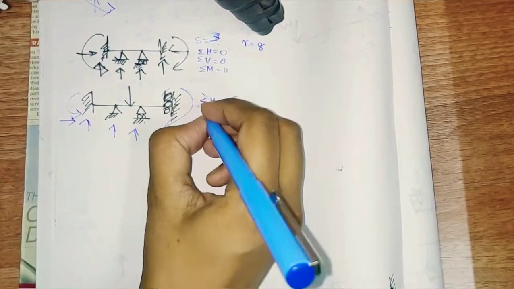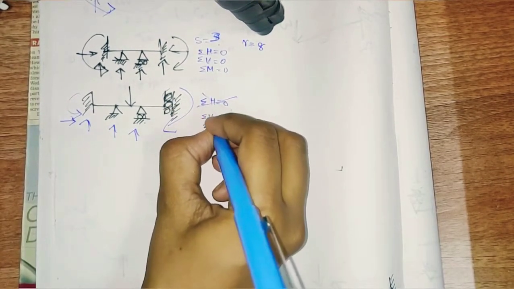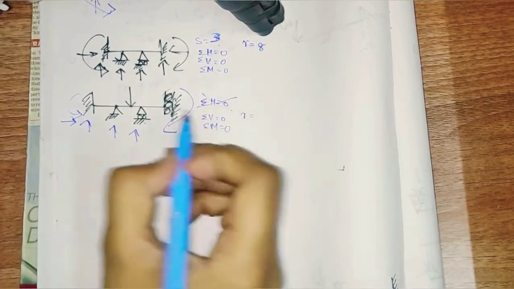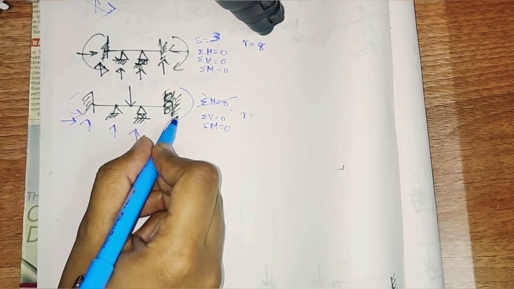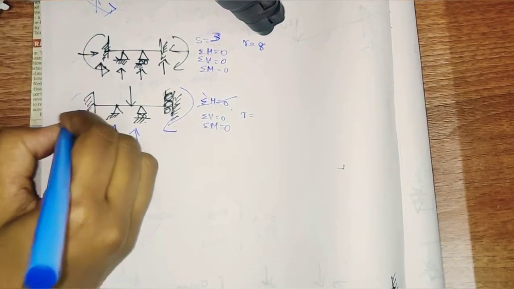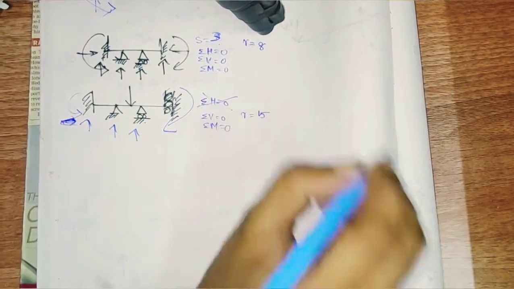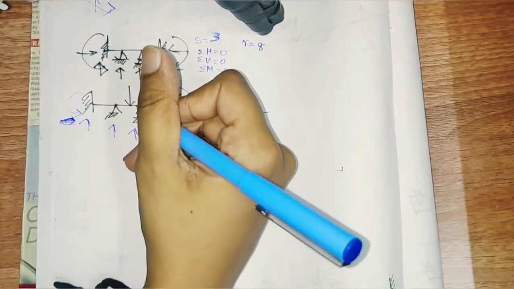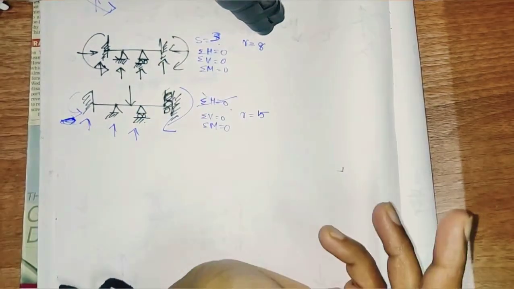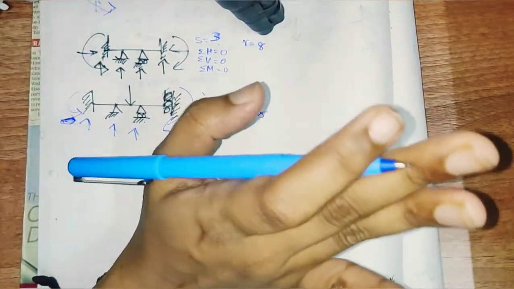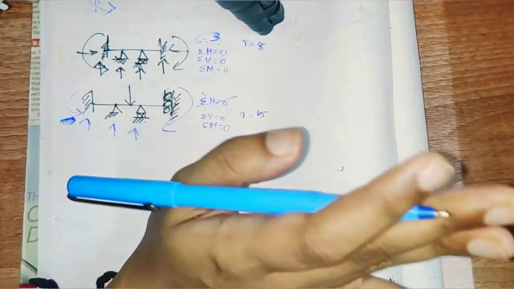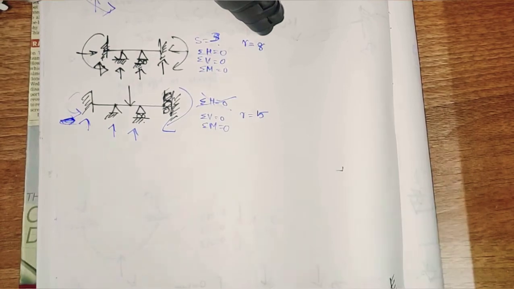You should consider summation of V equals 0 and summation of M equals 0. So how many reactions are there? 1, 2, 3, 4, 5, 6 reactions. But we are not considering the horizontal, so 6 minus 1 is 5. Here it's pure vertical load, so we are just neglecting the horizontal load because there is no horizontal load. The horizontal reaction is also not considered.